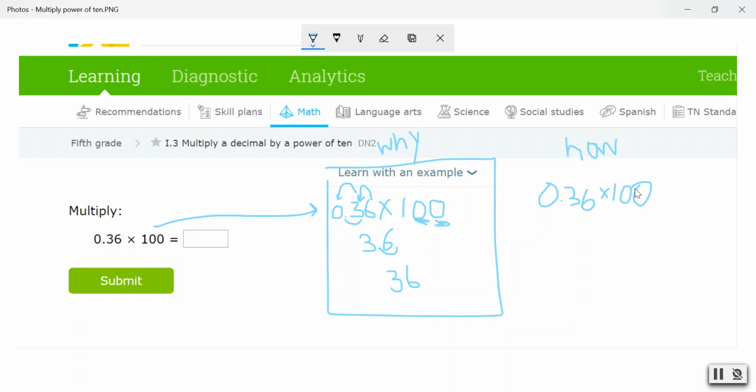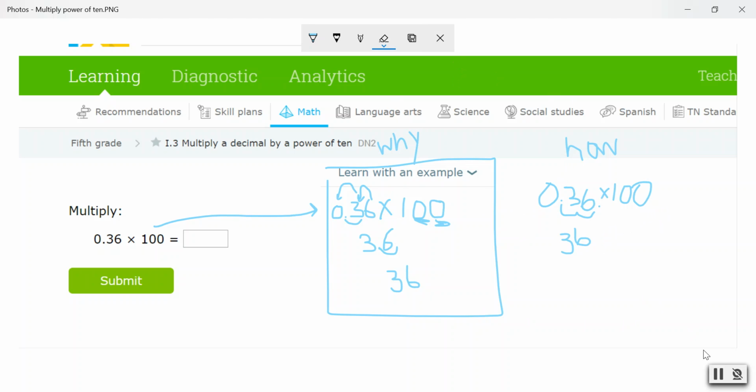I've got 2 zeros, so I'm going to move this 2 times, from 0.36 to 36. Now you're wondering, what happens to that decimal point at the end? It's still there. Remember, all whole numbers have a decimal point at the end, and you could add zeros after that, but they're just not necessary. They don't add anything to it. So we just normally leave that decimal point invisible.